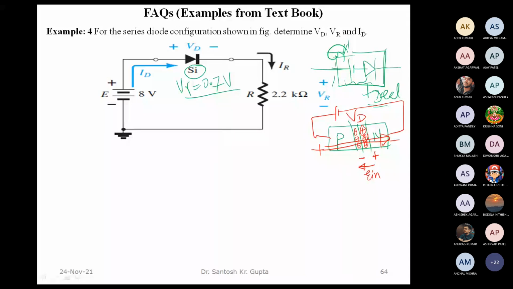So this external field and internal field are contesting with each other. We must apply a voltage VD greater than this, such that the external electric field is able to counter the internal electric field.